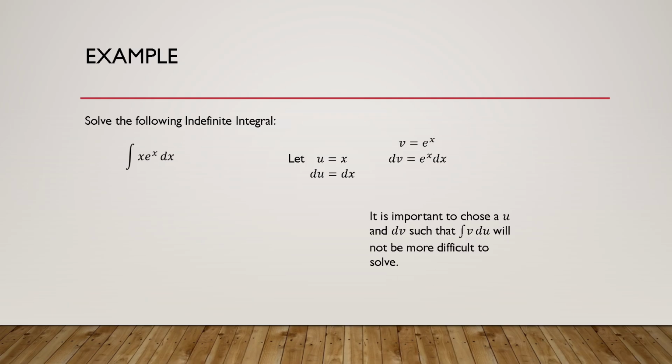Remember our equation, the integral of u dv equals u times v minus the integral of v du. Inserting our values, we get the integral of x e to the x dx equals x e to the x minus the integral of e to the x dx. Here, taking the integral is much easier. We arrive at our final answer, x e to the x minus e to the x plus c.